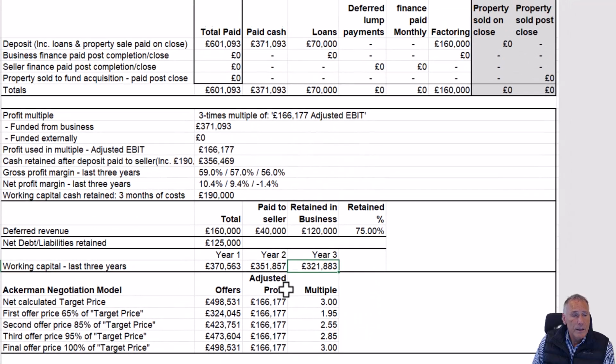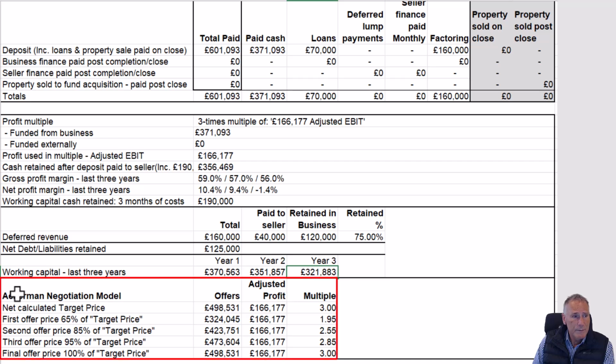And then finally, on the highlights worksheet, you have something called the Ackman negotiation model. And where I first came across this is in the book by Chris Voss, which is Never Split the Difference. And the idea behind it is that you have a target price, which in our case is the £498,000, but your starting position is 65% of the target price. And I say position because you don't want to be the first one offering.